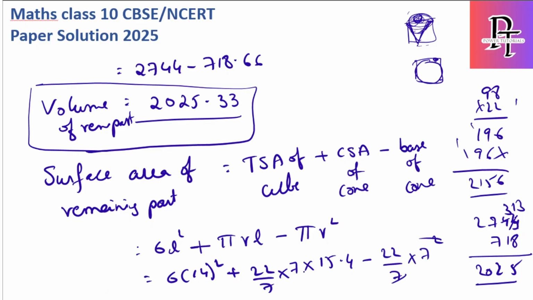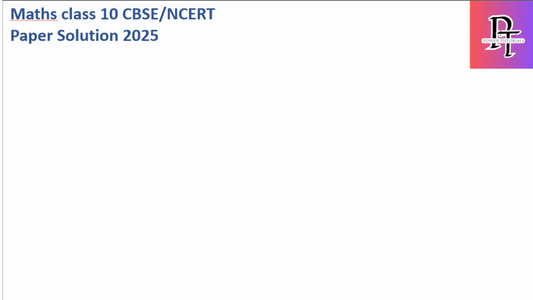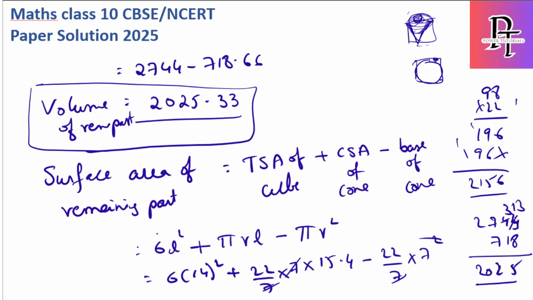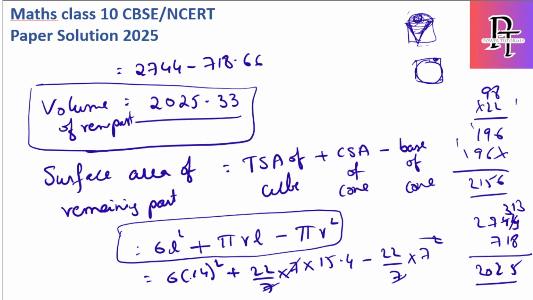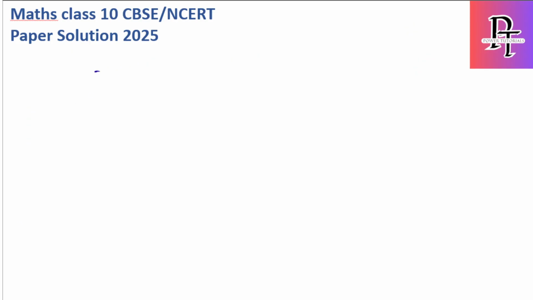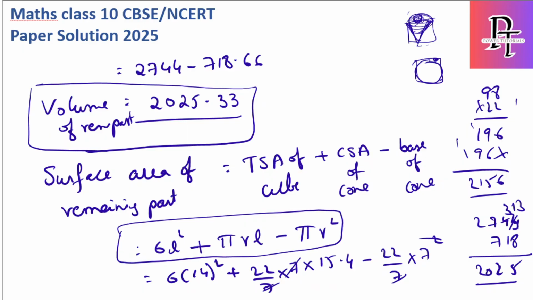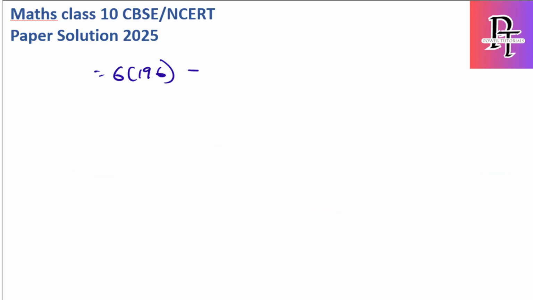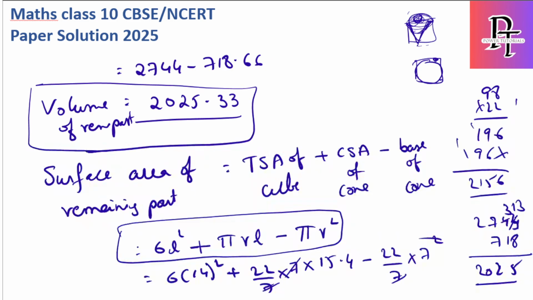The 7 square gets cancelled out. This step is important, it carries at least part of the weightage. Let's solve this. 14 square is 196, 6 into 196 plus 22 into 15.4 minus 22 into 7.